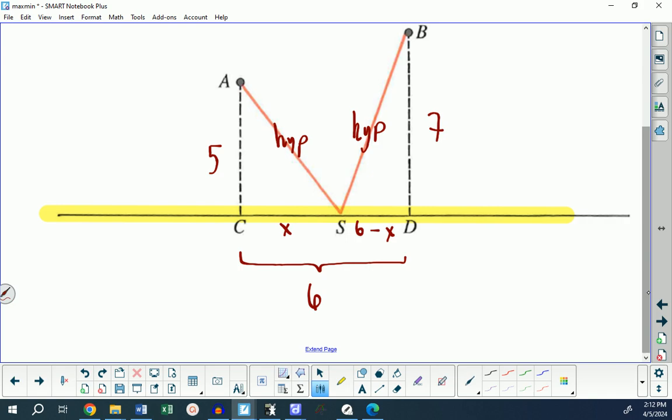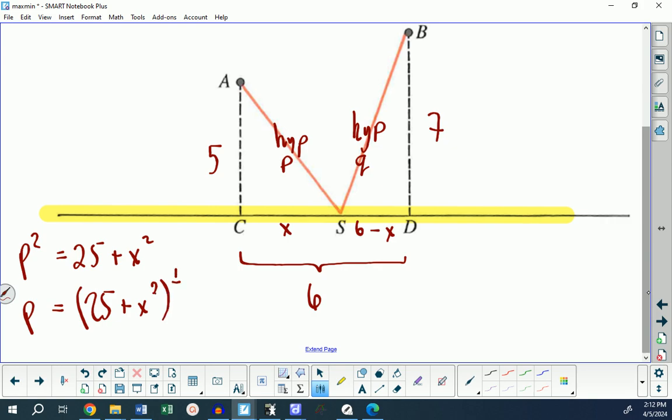Let's call these P and Q. Okay. So in the triangle relating town A to that point S, the station, p squared equals 25 plus x squared. So p is equal to (25 plus x squared) raised to the 1/2. Okay.